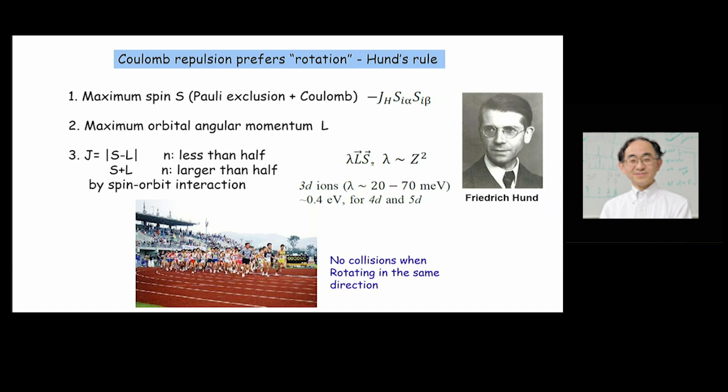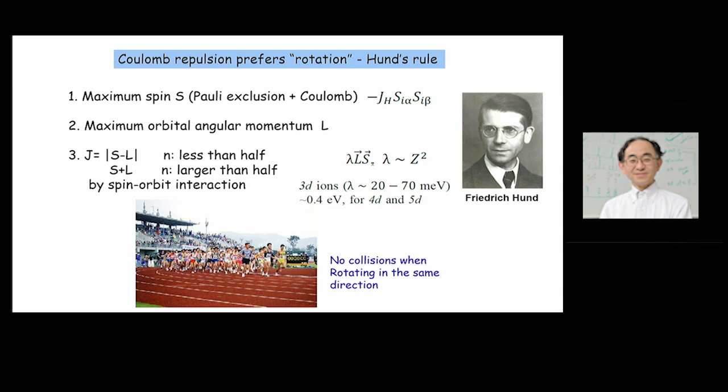The Pauli exclusion says that if you have parallel spins, then you cannot occupy the same spatial position. So the Coulombic interaction is reduced once you have parallel spins. If you have parallel spin for all the electrons in the atom, then you should have the lowest energy. So that is rule number one.